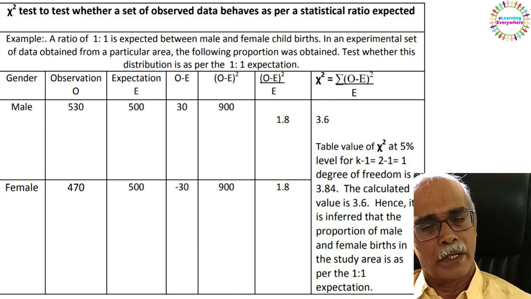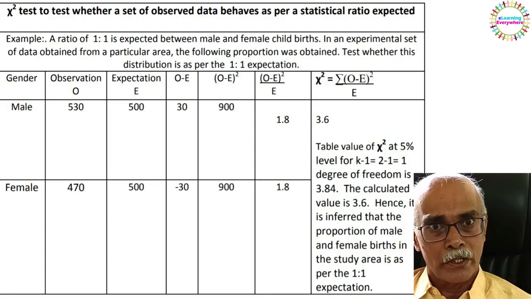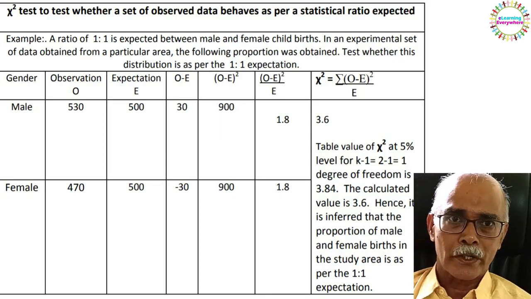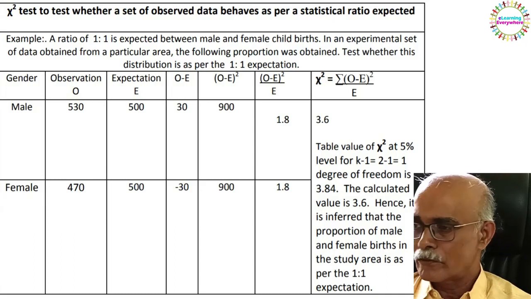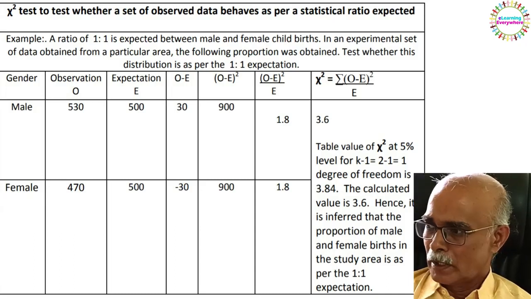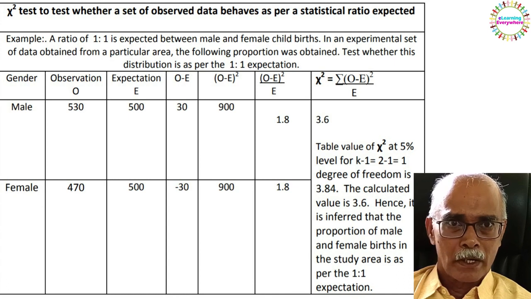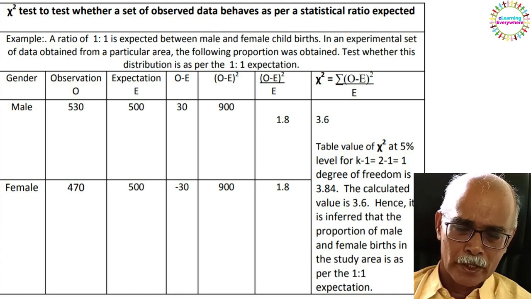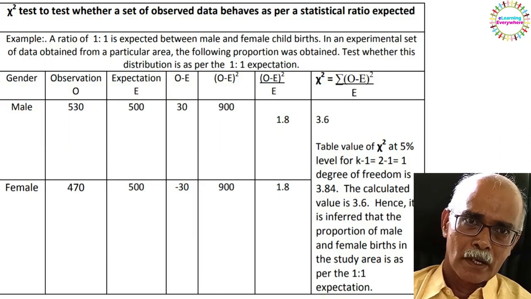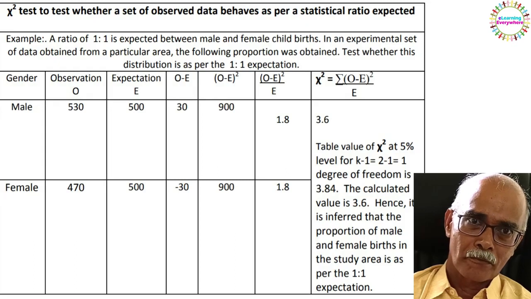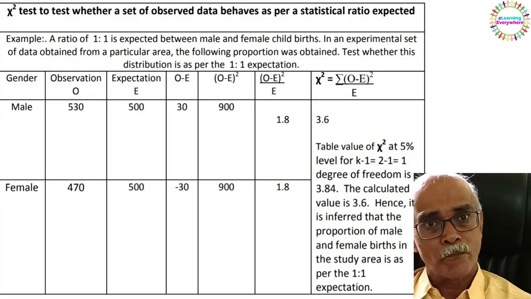When you speak about childbirths, you expect a 1:1 ratio between males and females. In a data set, if there are 100 children, you expect 50 males and 50 females.